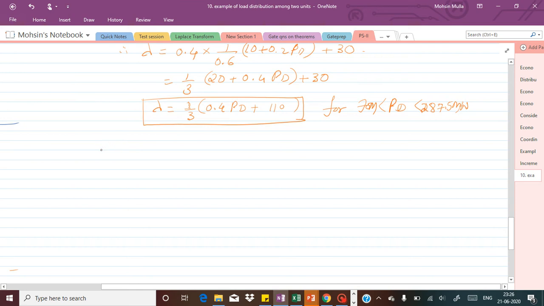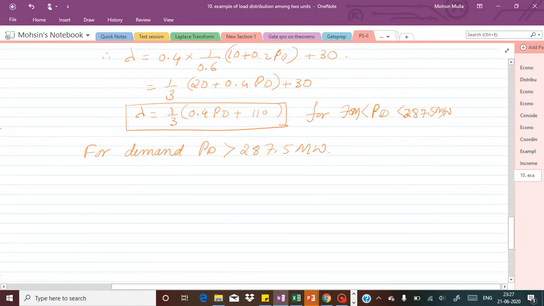Okay, so for demand PD greater than 287.5 megawatt, suppose the demand increases, then what should we do?